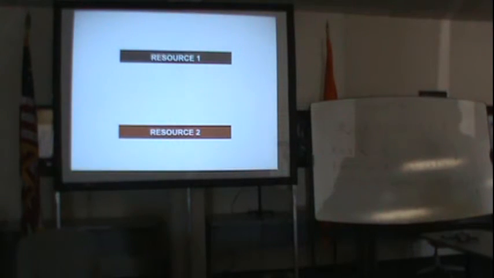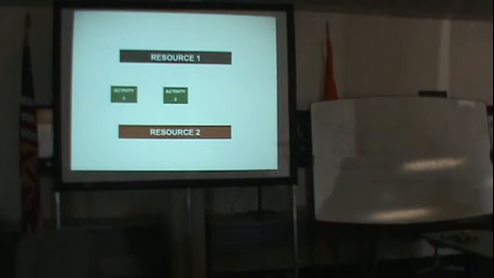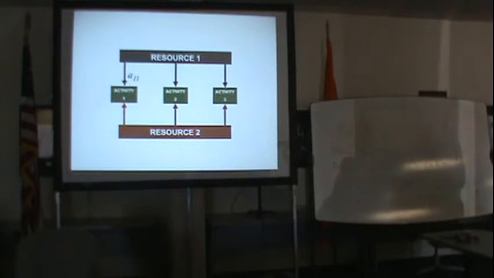Let's say you have resource 1 and resource 2, and activity 1, activity 2, activity 3, you have here. This is the same picture I had before, look. Those are the amounts of resource consumed by 1 unit of each activity, or when the level of activity is equal to 1. And the levels of the activity are going to be x1, x2, and x3.